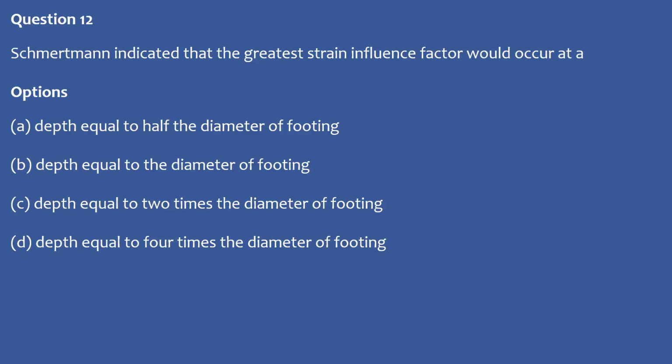Yeah, so let's check the answer for this. So usually if you see the case, the distribution of the stress as per Schmertmann is given in this form. So your Iz max is given by 0.5 plus 0.1 root of qcf by sigma dash p, right? And this value qcf is none other than your stress at that point minus gamma Df.